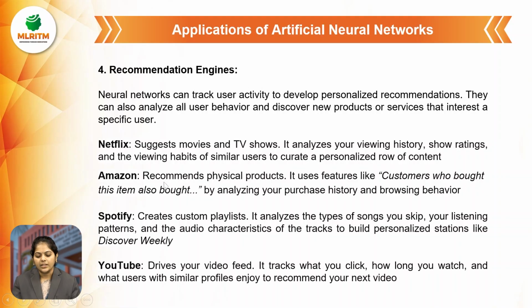And next, Amazon. It recommends physical products, and it uses "customers who bought this item also bought" by analyzing your purchase history and browsing behavior. Let's say I purchased one dress. It will show, below, a comment like "customers who bought this item also bought".